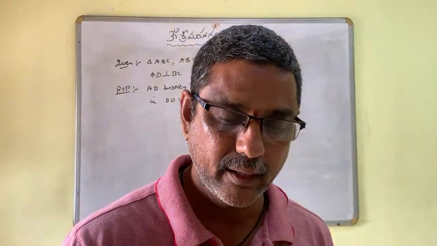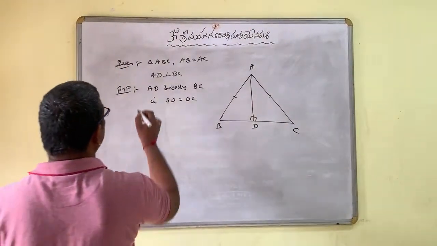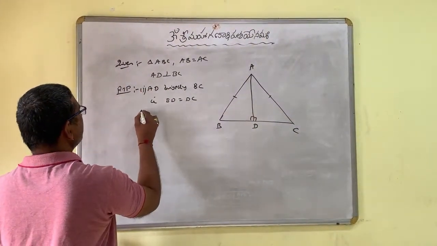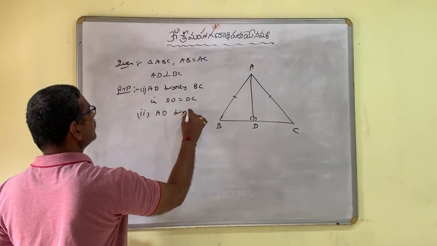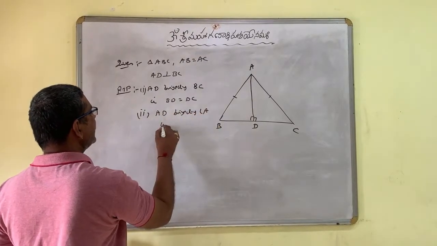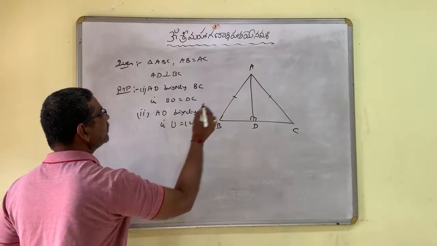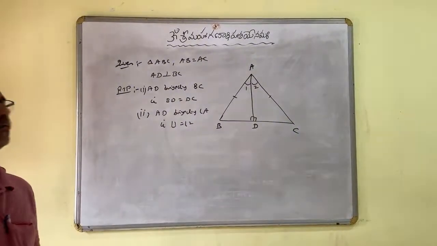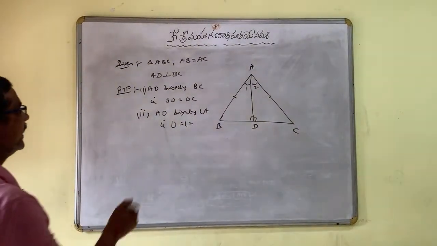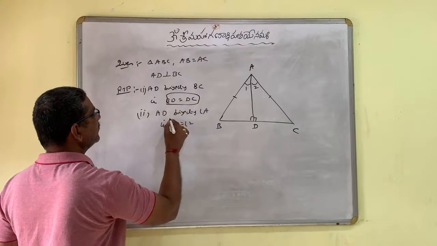And second one, AD bisects angle A. That is angle 1 is equal to angle 2. Okay, children? We need to prove these two. This one and this one.